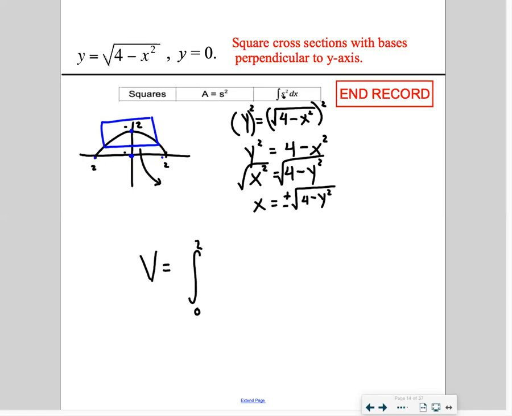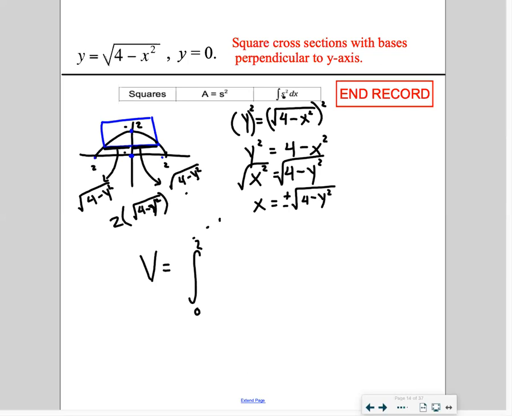Well, this represents the positive square root of 4 minus y squared. This represents the other side, the negative side of it. So really, when you add those two together, that's going to be that whole side. Your whole side length is 2 square root of 4 minus y squared. This plus this is 2 square root of 4 minus y squared.